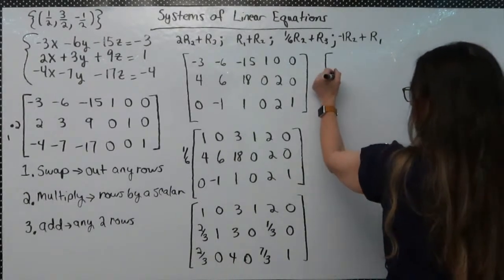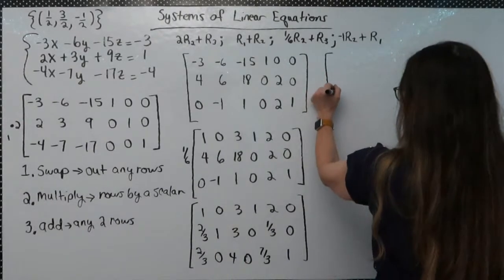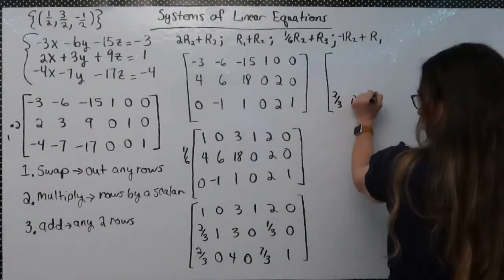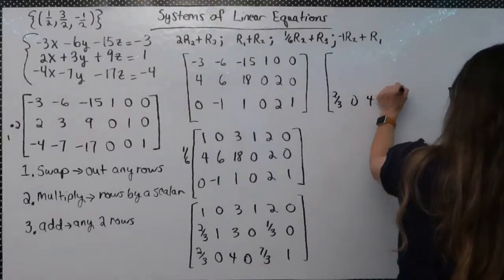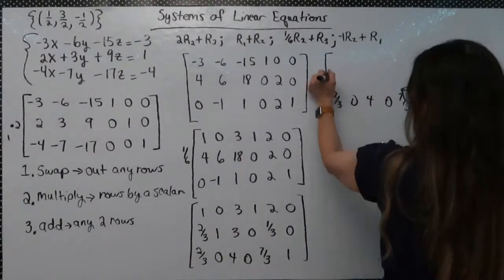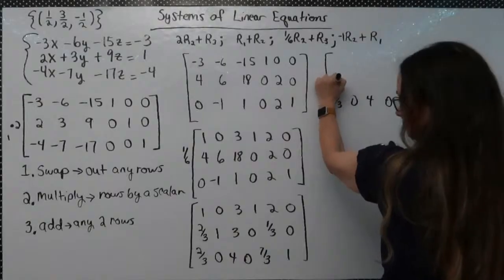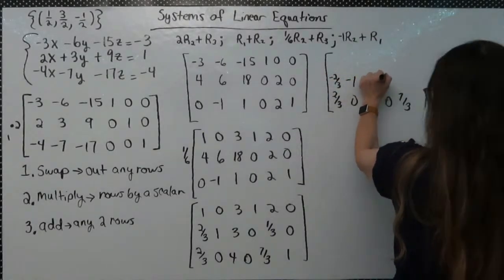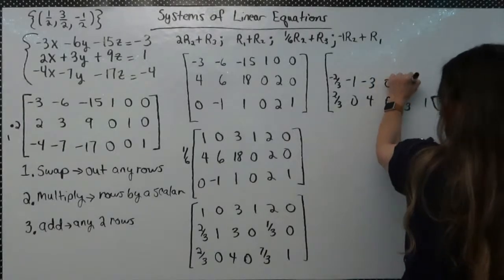So we'll go ahead and do row 2 and 3. So 2/3, 0, 4, 0, 7/3, 1. And then this is -2/3, -1, -3, 0, -1/3, 0.